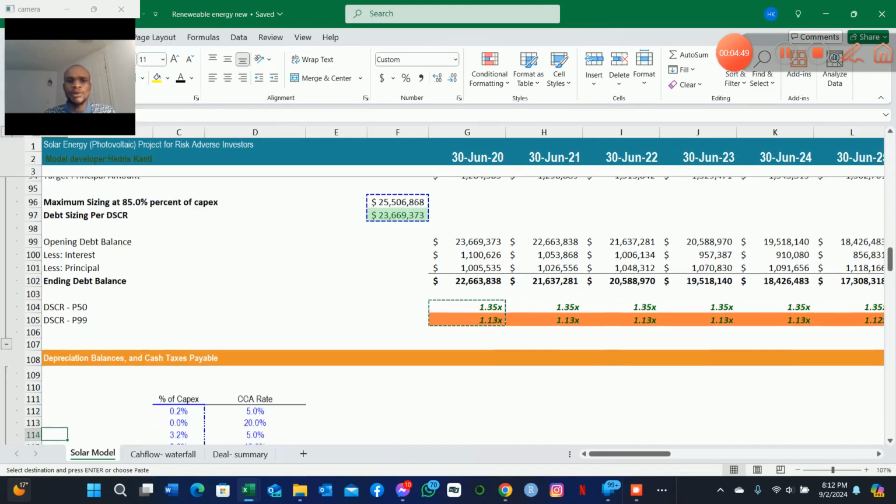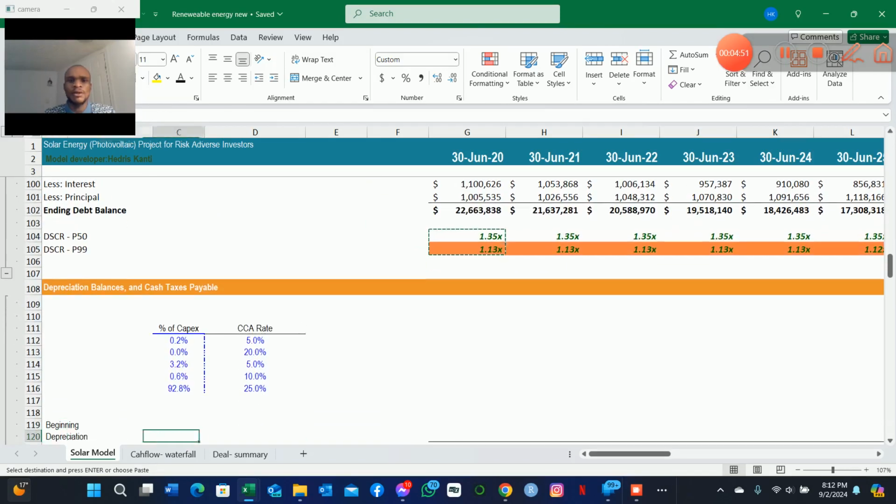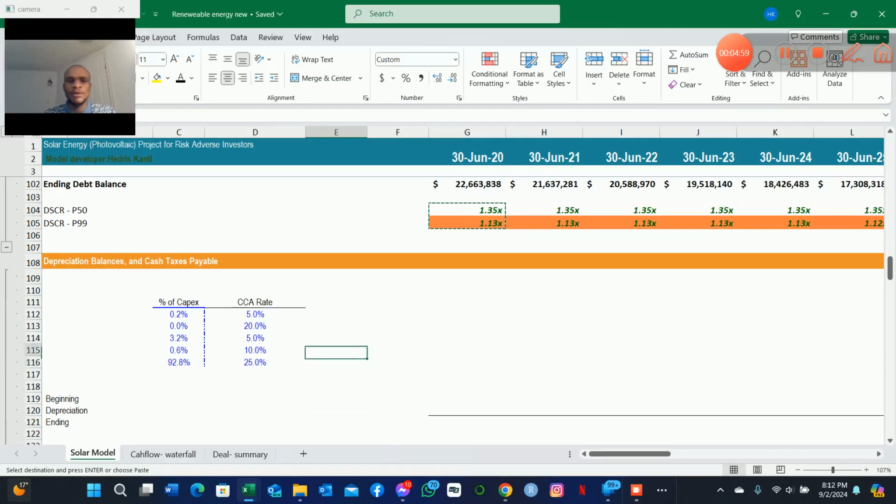So now we are ready to determine our depreciation balances and cash taxes payable. So we're gonna be doing that here.